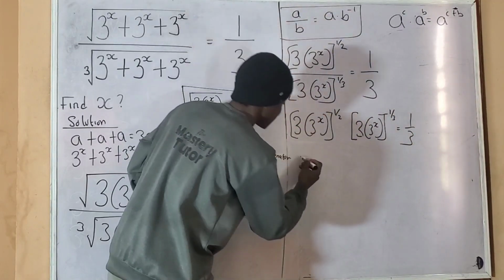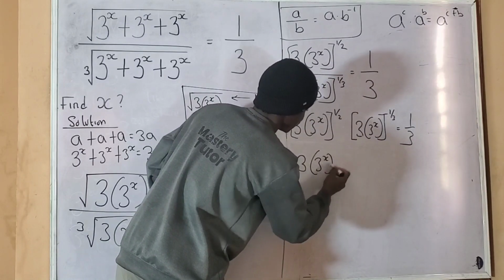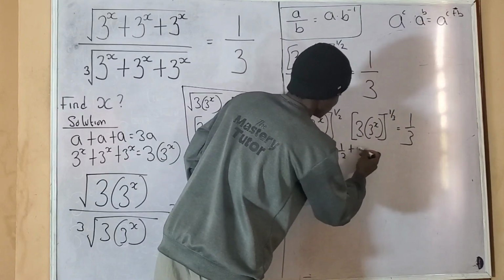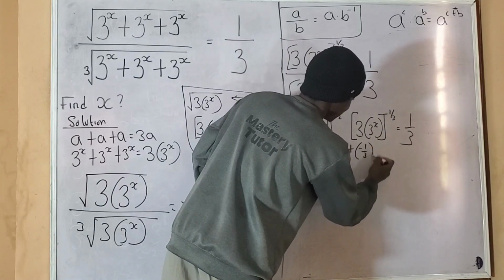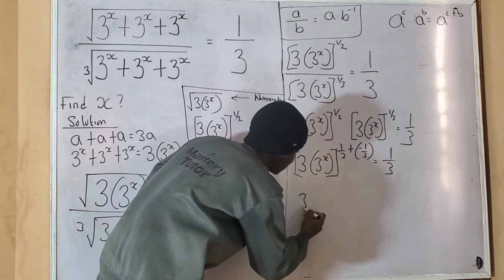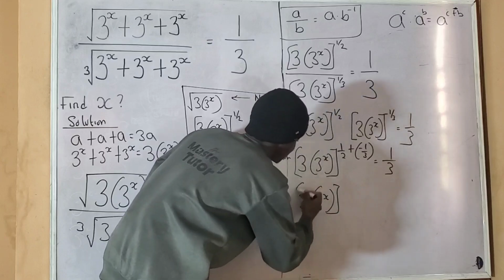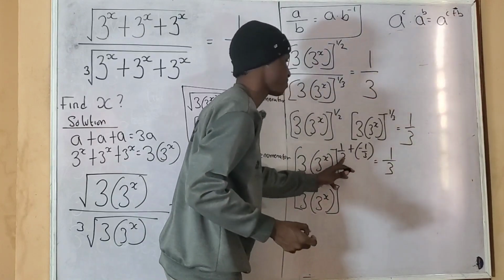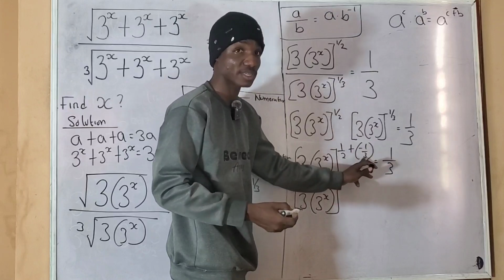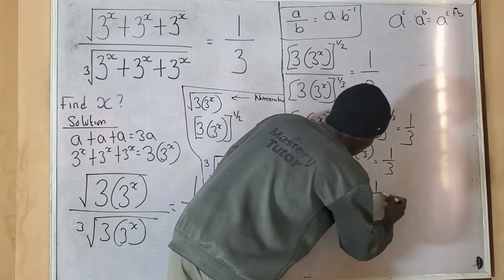So for this, we are going to have 3 multiplied by 3 raised to the power of x, all raised to the power of 1 over 2 plus -1 over 3. This will be equal to 1 over 3, right? That will be 1 over 2 minus 1 over 3, and that will give me 1 over 6. This is equal to 1 over 3.